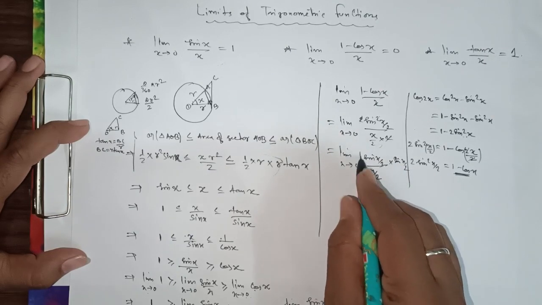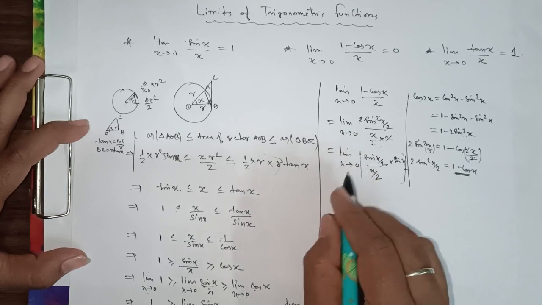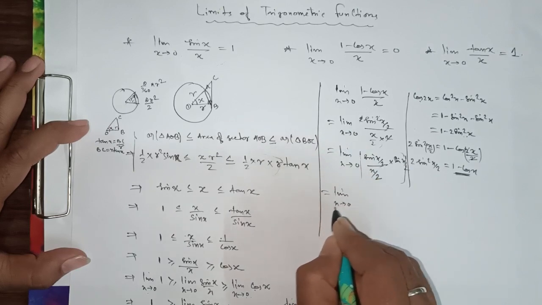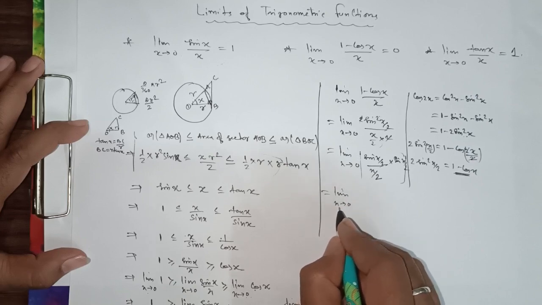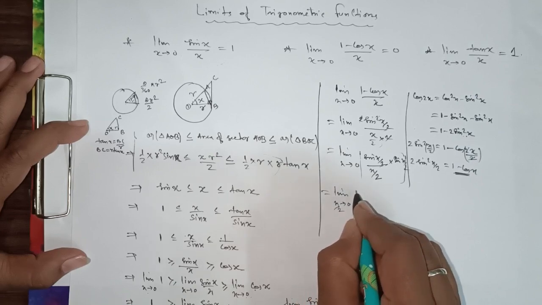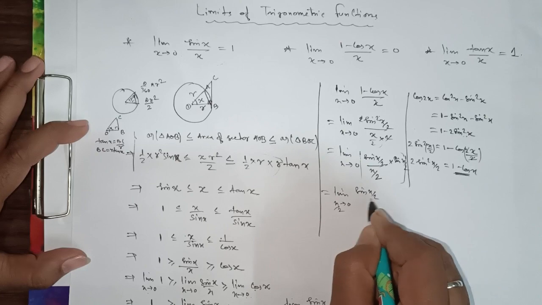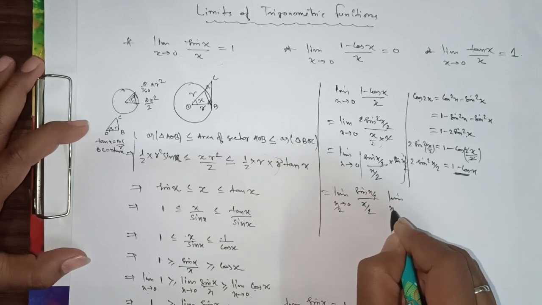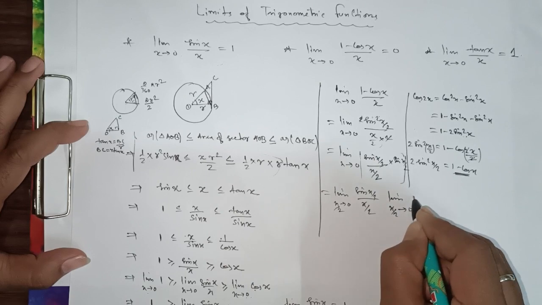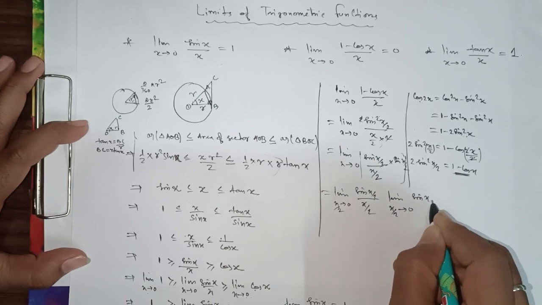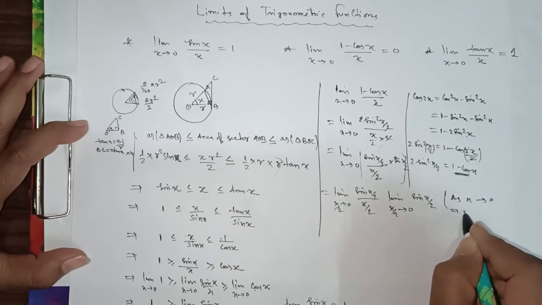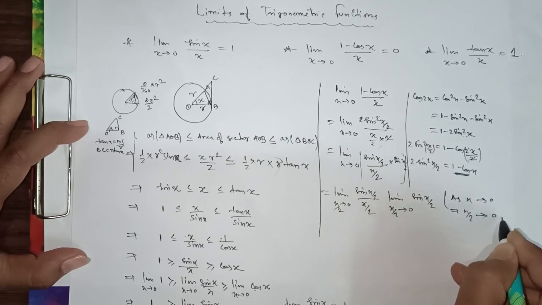Now we know the product rule of limits. So limit x tends to 0, sin (x by 2) by (x by 2), limit x by 2 tends to 0, sin (x by 2). As x tends to 0, x by 2 also tends to 0.